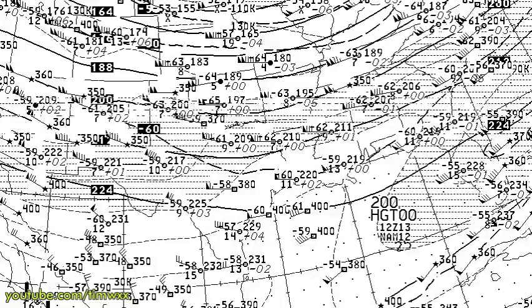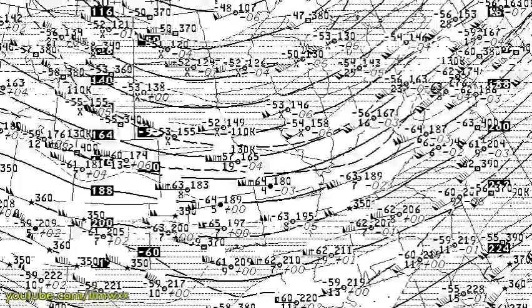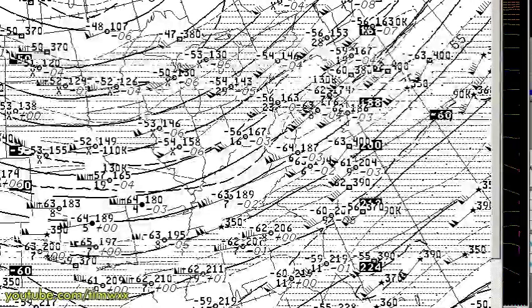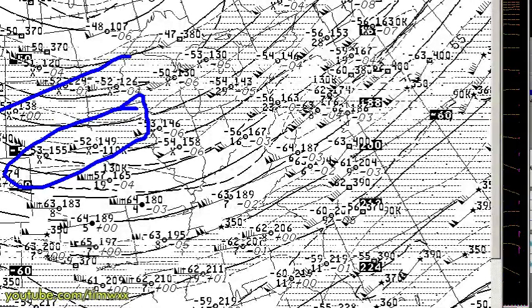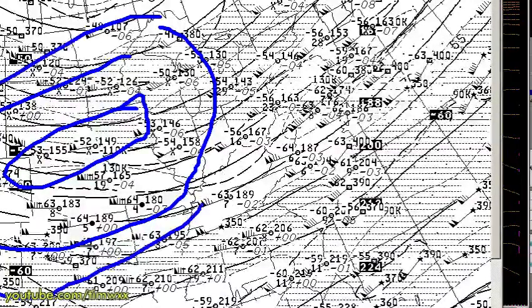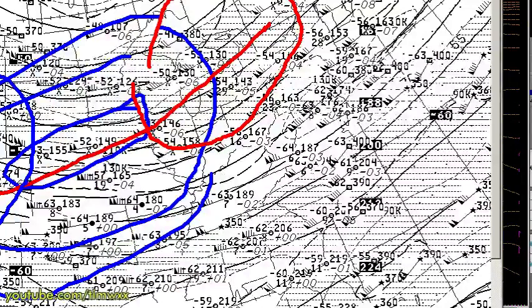Is frontogenesis associated with the exit region of a jet streak? Well, we're getting a little bit complicated here, but we can talk about it briefly. I'll just put a jet streak on here real quick. Yeah, the exit region is going to be this area here ahead of the jet streak, and the entrance region is back on the lee side.